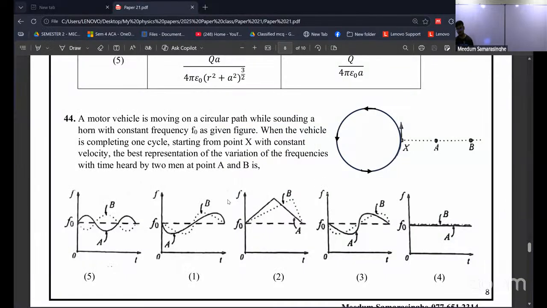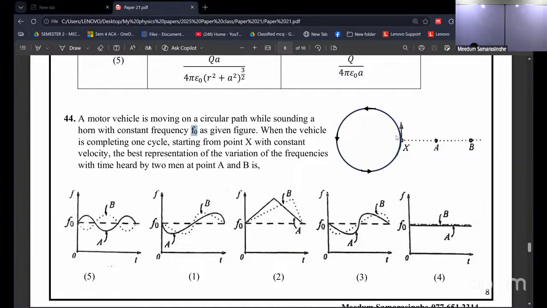A motor vehicle is moving on a circular path while sounding a horn with constant frequency f0, as given. The vehicle is completing one cycle, starting from point X. Point X is here.